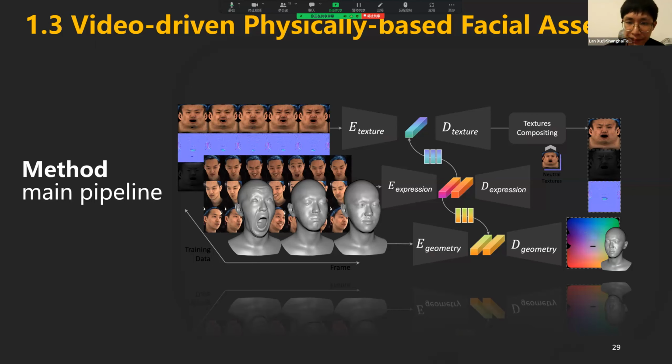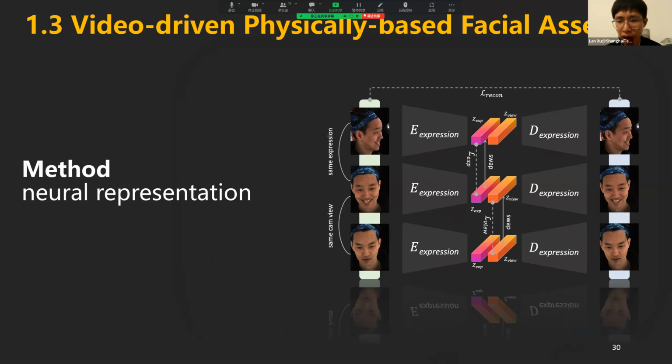So basically, in our multi-VAE, we first train a variational autoencoder to learn the global representation for the expressions. So we just encode from the captured multi-view image inputs.